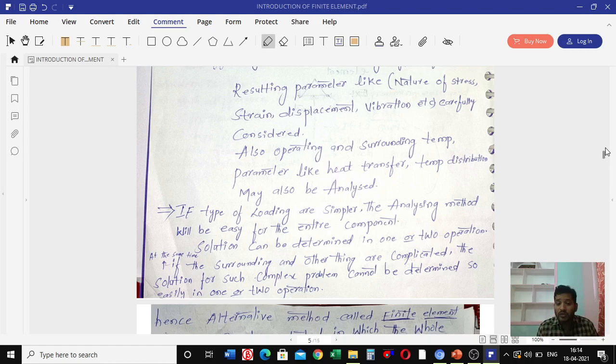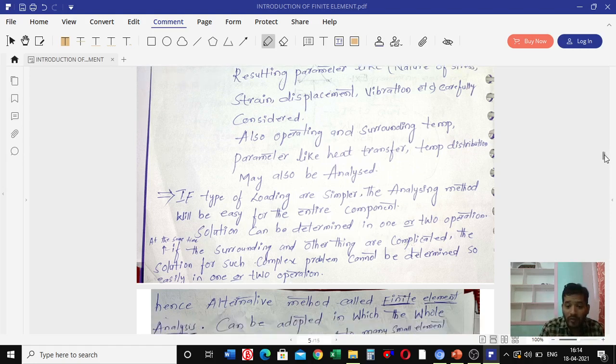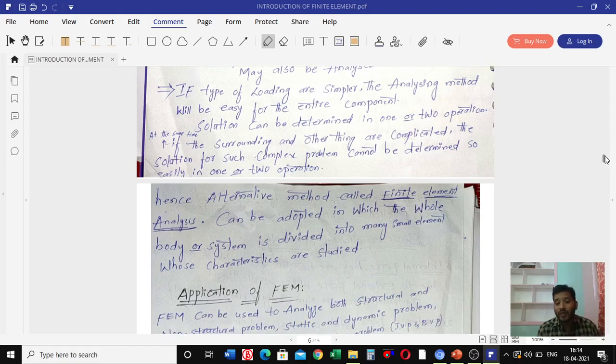If the solutions are complicated, then we need to follow the finite element method. If you follow the finite element method, then we can easily solve the problem.